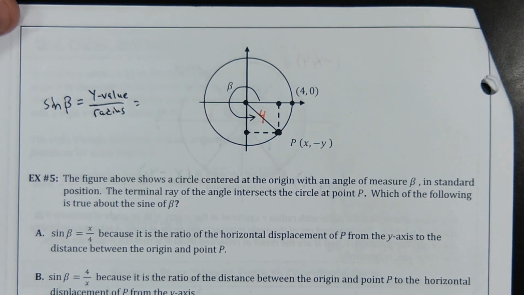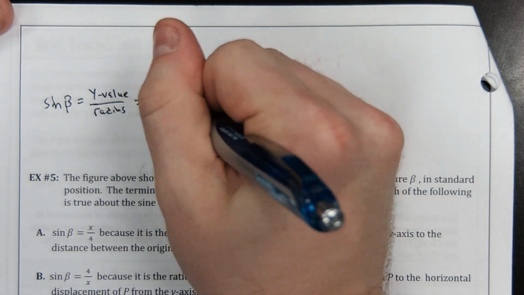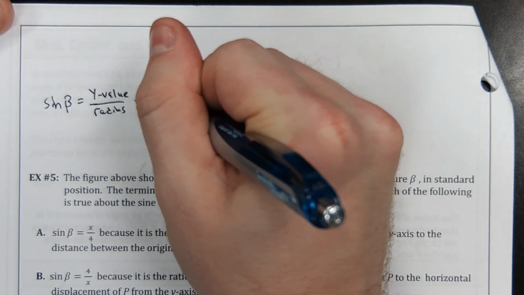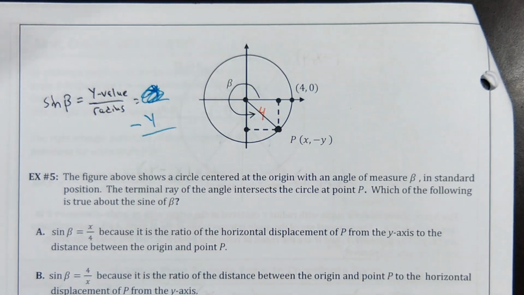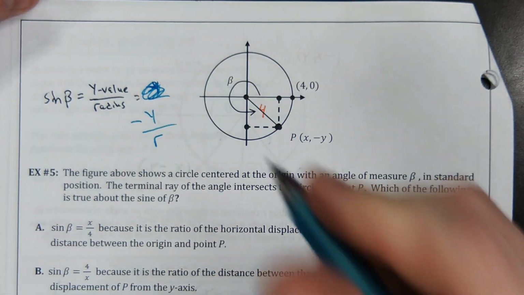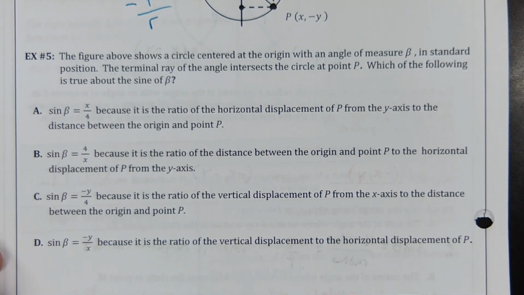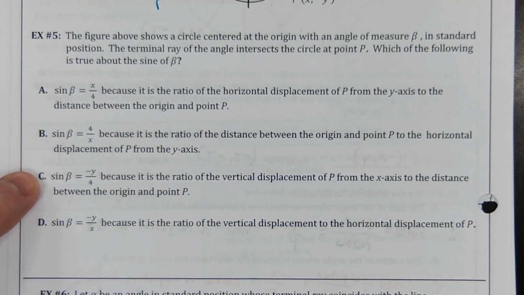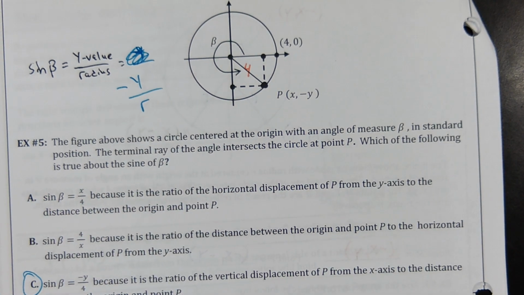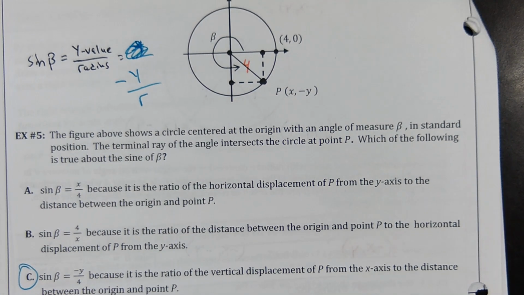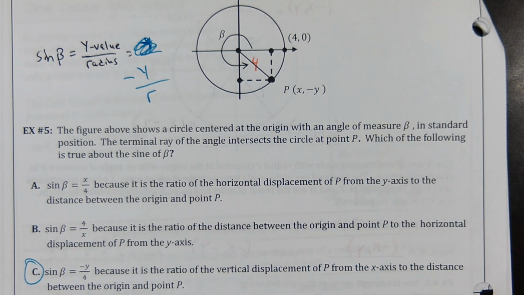Our y value happens to be negative. Negative y over the radius. So I'm looking for the one that says sine of beta equals negative y over r. There it is. Because from here to here is the radius.